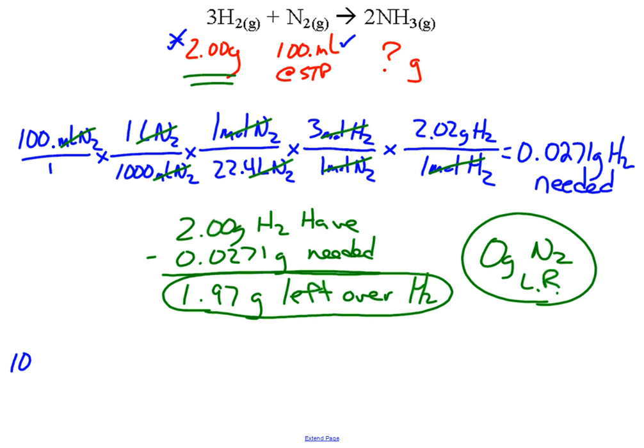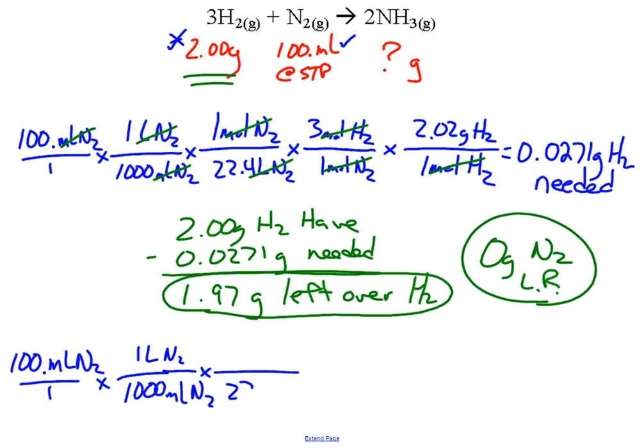So we've got the 100 milliliters of the N2 over 1,000 milliliters to 1 liter, 22.4 liters of N2 to 1 mole of N2. We look at our balanced equation, and for every 1 mole of the N2, I will produce 2 moles of the NH3.